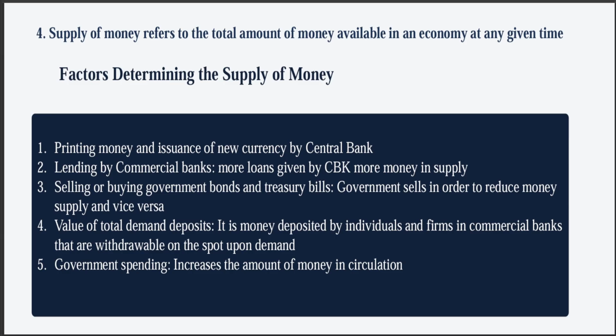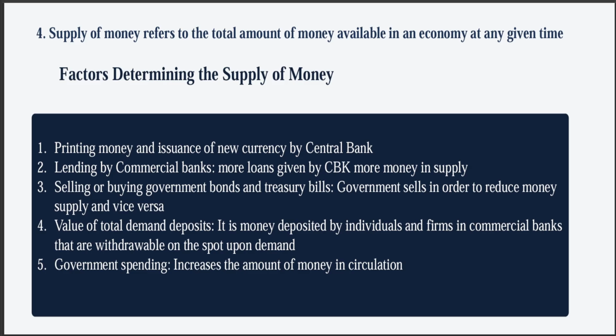The other thing that you need to focus is that if the government buys bonds, okay, if they buy treasury bills or government bonds, they increase the money supply. So we've explained that when the government buys treasury bills, then it is injecting money into the economy, and that is why the money is in circulation.